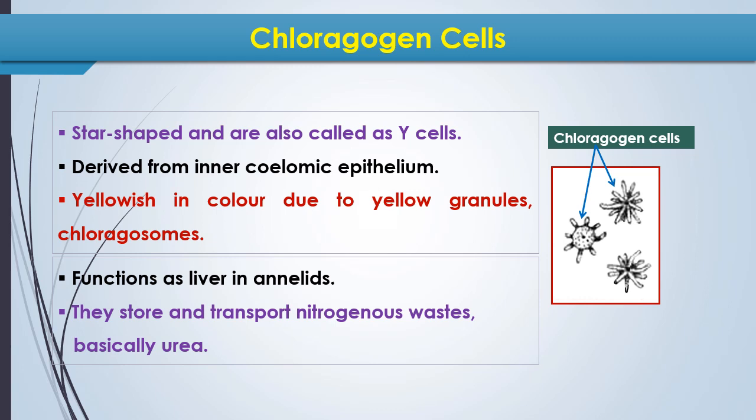The cells store glycogen and neutralize toxins and are present in the coelomic fluid of some annelids. These cells function as liver in annelids. They store and transport nitrogenous waste, basically urea. This is the diagram showing the chloragogen cells with a central nucleus.